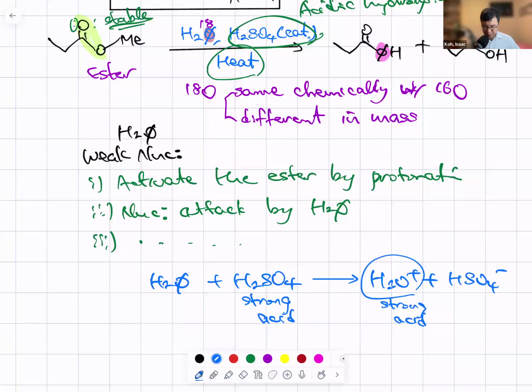But we have an extra amount of water, so we have both water and hydronium ion present in the solution. So we'll be using water as a nucleophile and hydronium ion as a source of proton. This is a weak nucleophile, weak base, and this is a strong acid, source of proton.